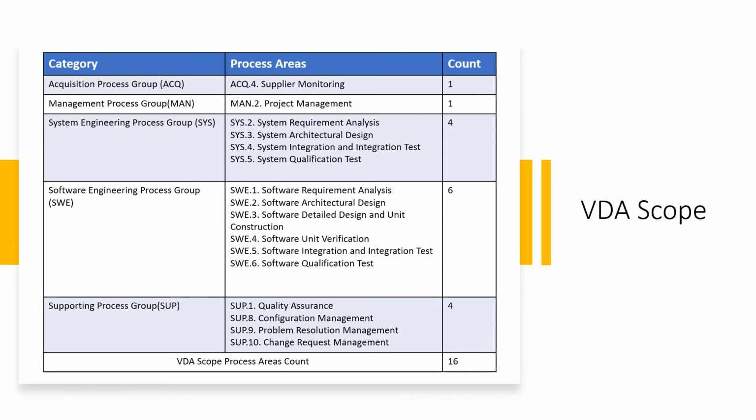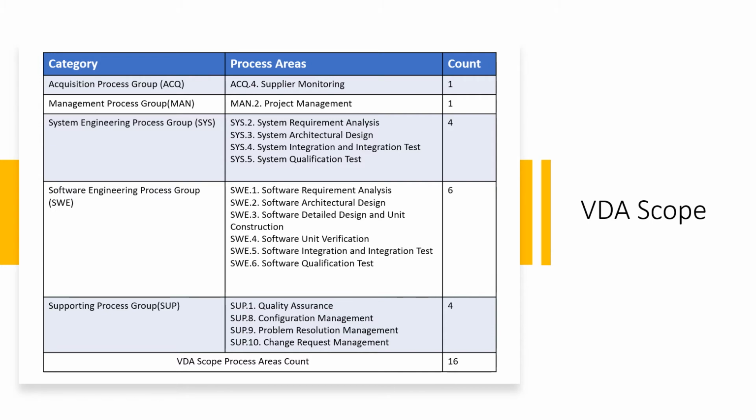There are overall 16 process areas in the VDA scope. In ACQ, we have supplier monitoring, ACQ 4, which is only one from ACQ. In the management process group, we have MAN 3, project management, which is one.